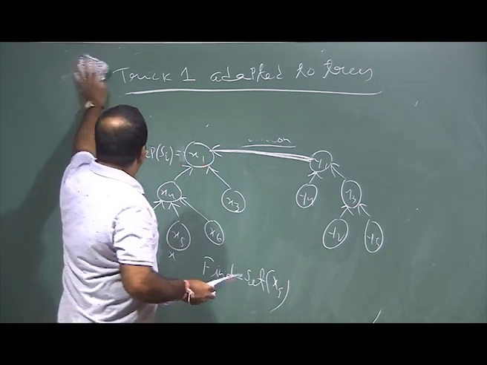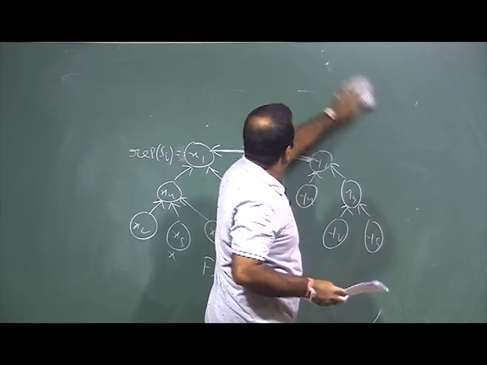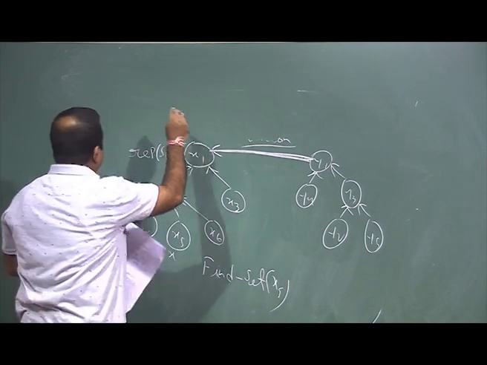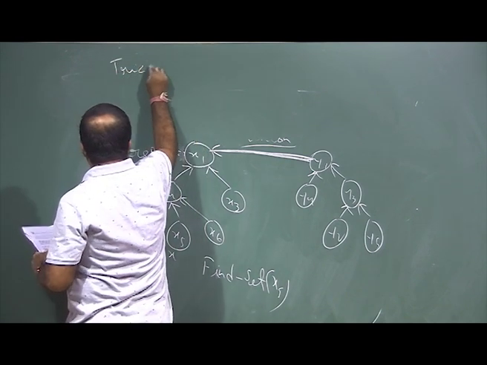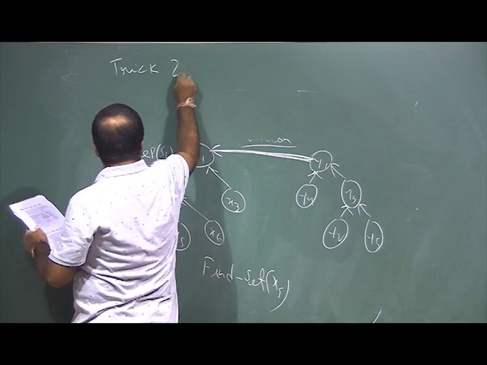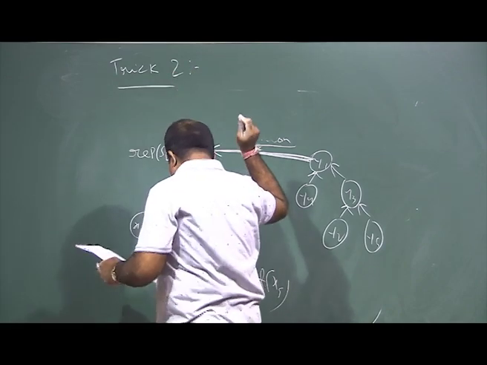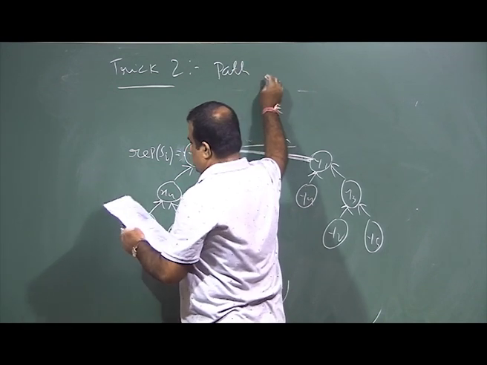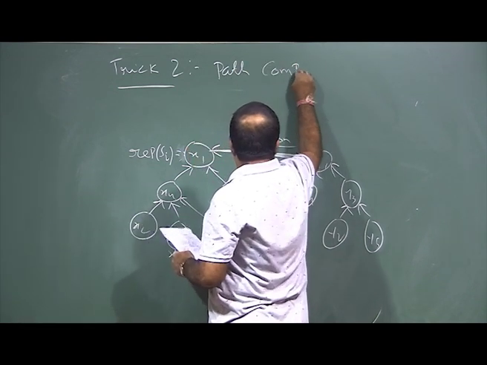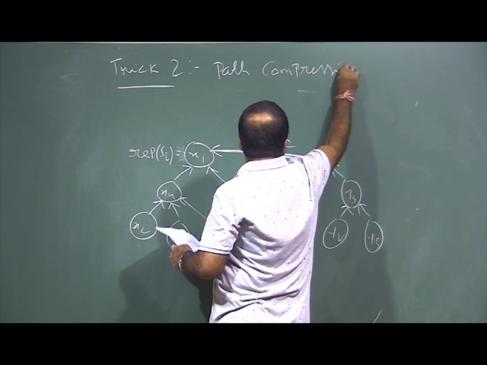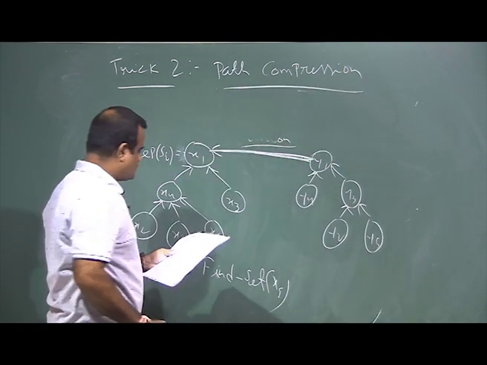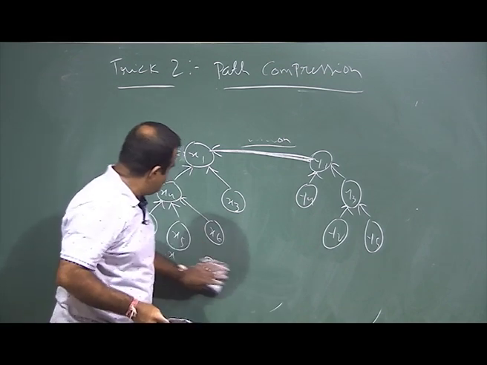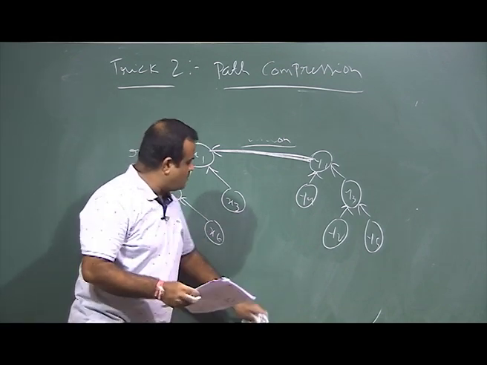Now, let us talk about trick 2, which is also referred to as path compression. Okay. So, what is it telling? Now, this is all about the find.